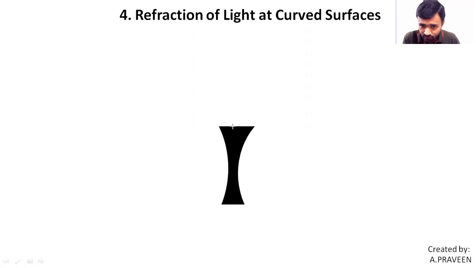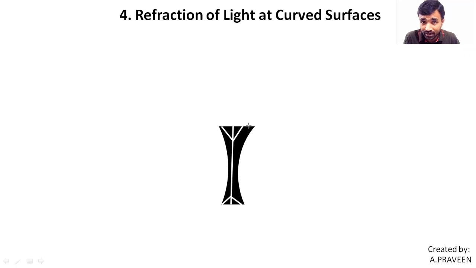Now I'm drawing one vertical line. Then how am I feeling that the surface is curved inward, right? Curved inward like this. At the bottom edge also like this, right?